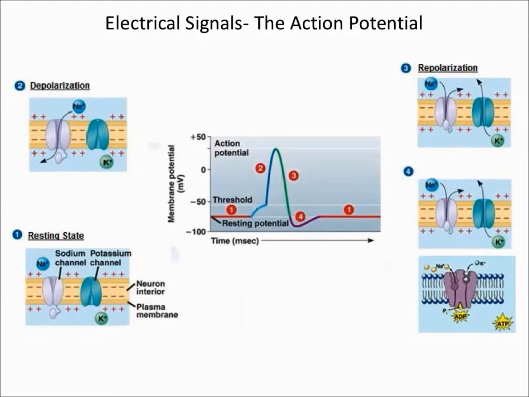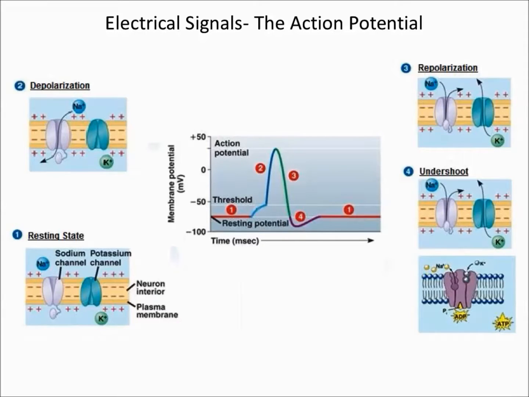And finally, the last phase of an action potential is called the undershoot. And in the undershoot, you'll notice that it has 2 parts. One part is where the graph continues to decrease, and then another part where the graph begins to increase, returning back to resting state.